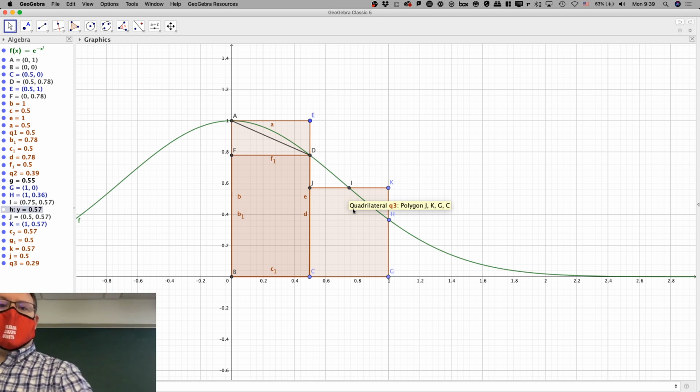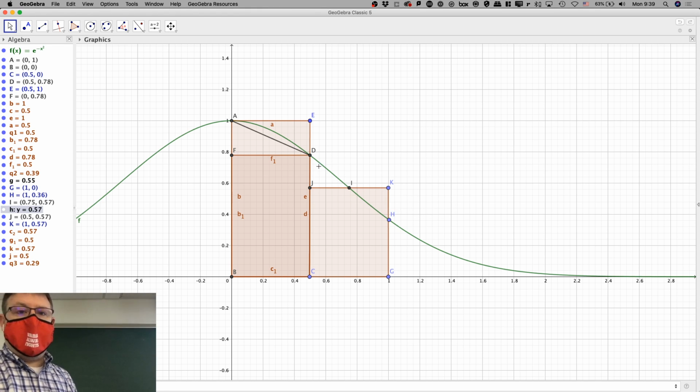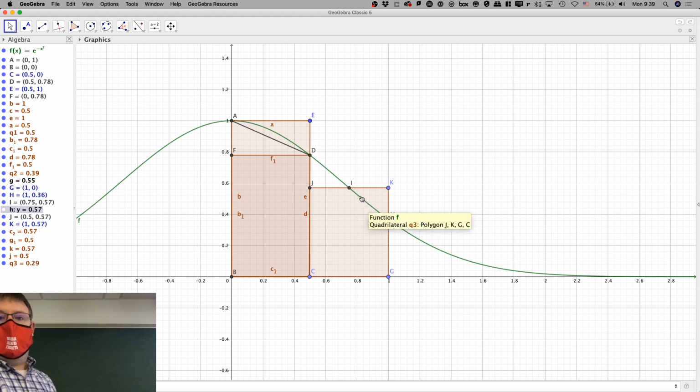Okay, so that would be like, for example, this guy. He's not a left-hand rectangle. That would have its top left corner at the point D. He's not a right-handed rectangle. That would have the top right corner at the point H. He's somewhere in between, okay, where the height is given by the middle of the interval, not the left or the right-hand edge.